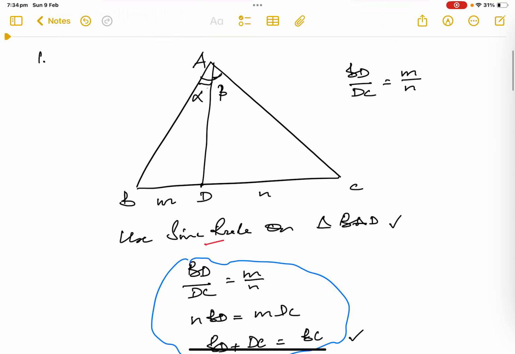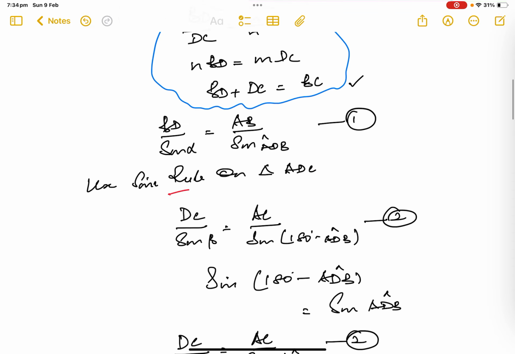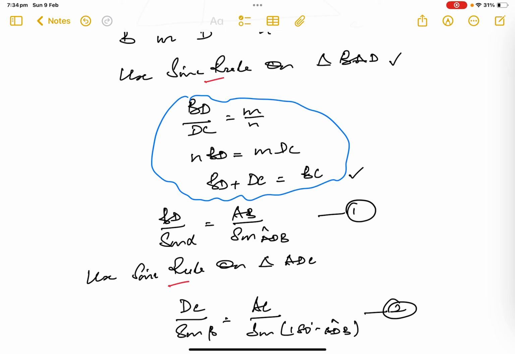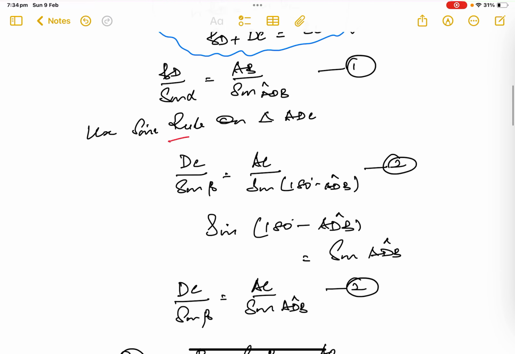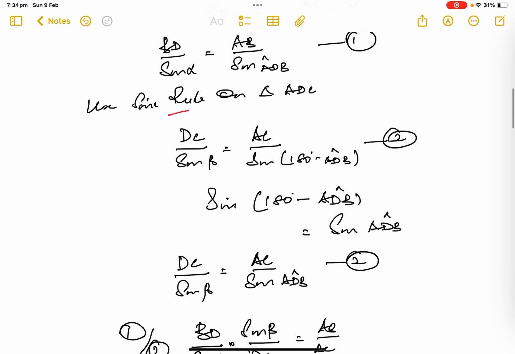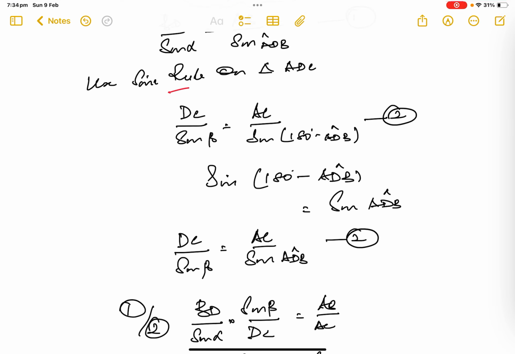BDA, the angle we took for the first sine rule, ADB. I want to use the same angle, and it's a straight line. Therefore, sine of 180 minus ADB. Instead of putting in the angle, it's 180 minus the angle already used.